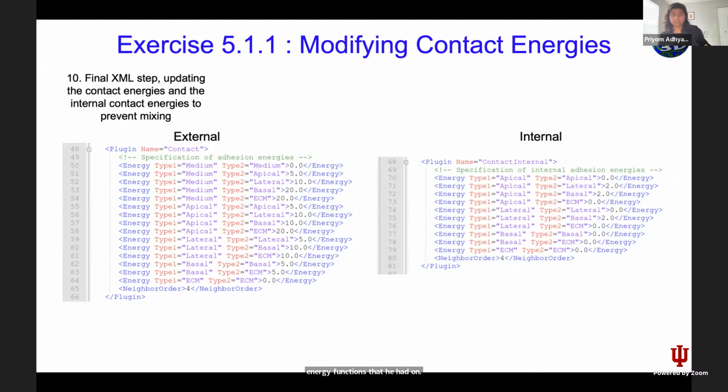For the internal contact energies, we can do the same, where to prevent some sort of unmixing between the compartments, we actually said that the energies between the compartments are set to 2. So Michael's asking about getting rid of the internal parameters.